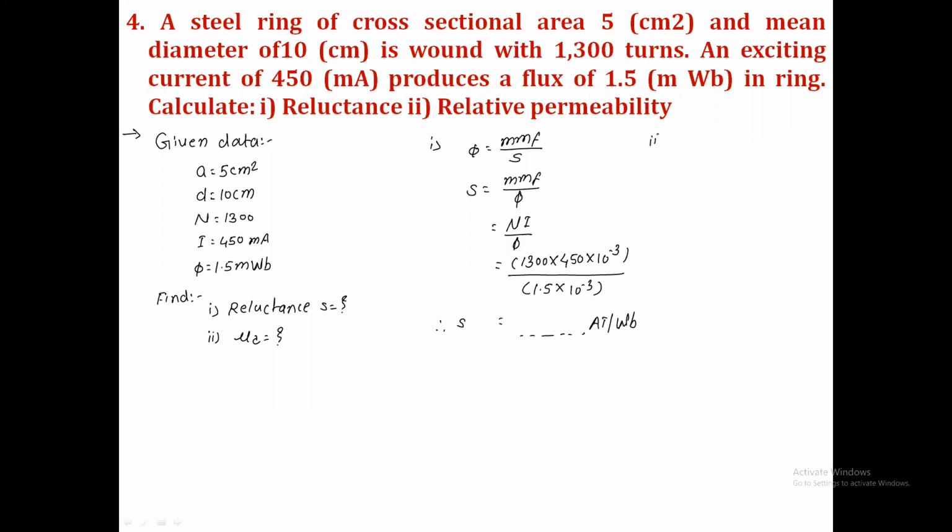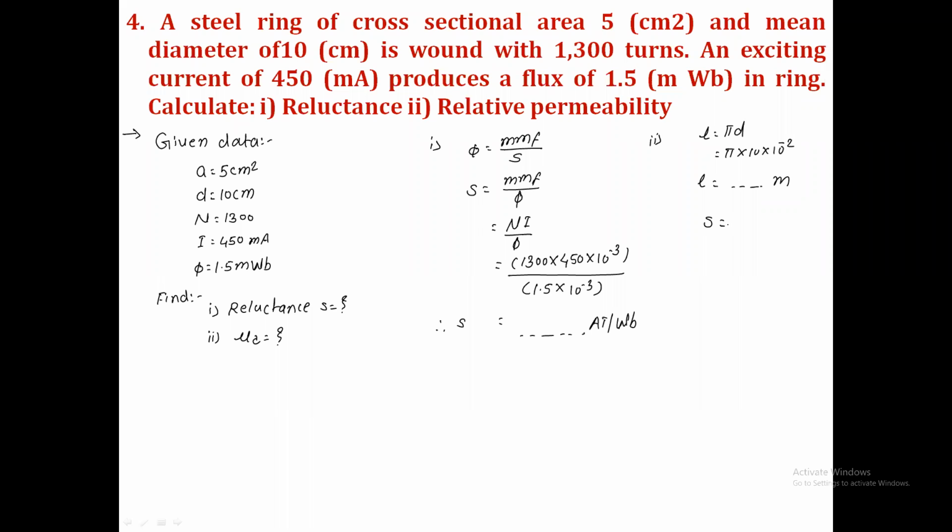And the second thing, first we have to calculate the length, which is nothing but pi d. Pi into the diameter, which is 10 centimeters. So you have to calculate that length in meters.